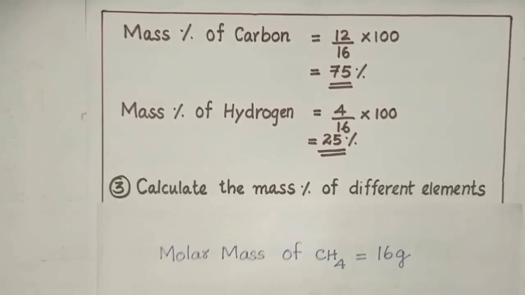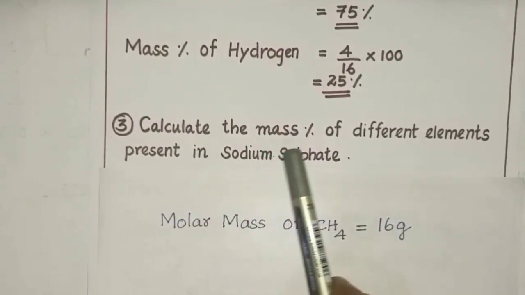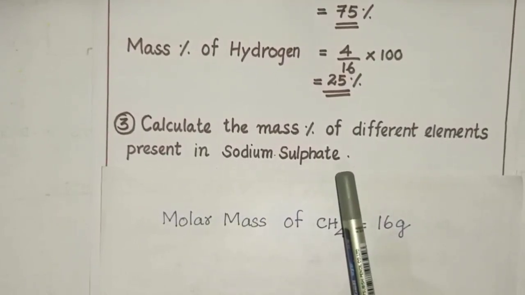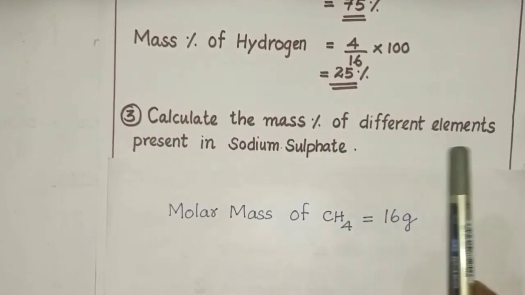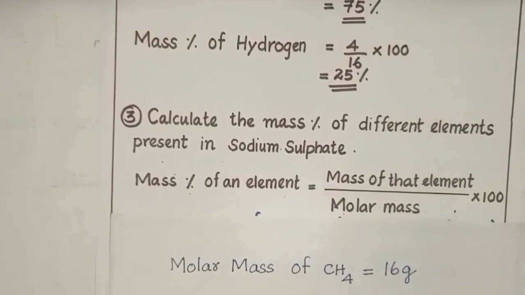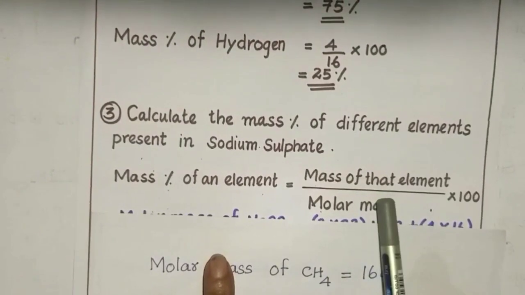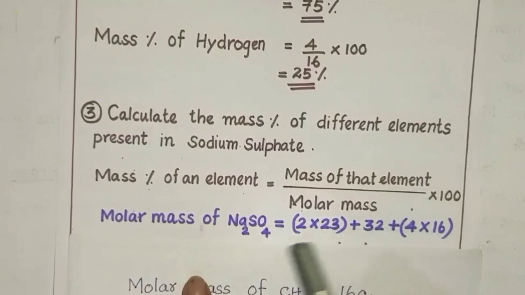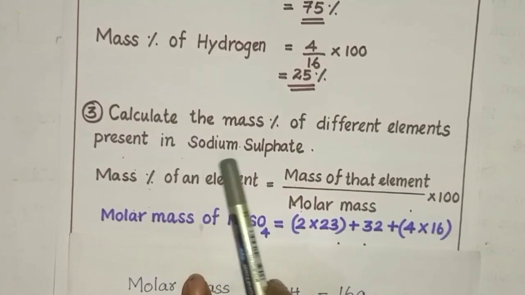Next, our question is, calculate the mass percentage of different elements present in sodium sulfate. The mass percentage of an element is equal to mass of that element divided by molar mass into 100. So, first you should calculate the molar mass of sodium sulfate.